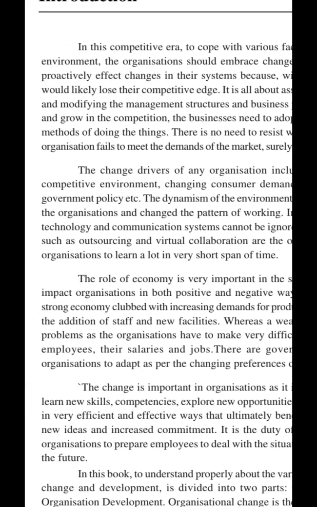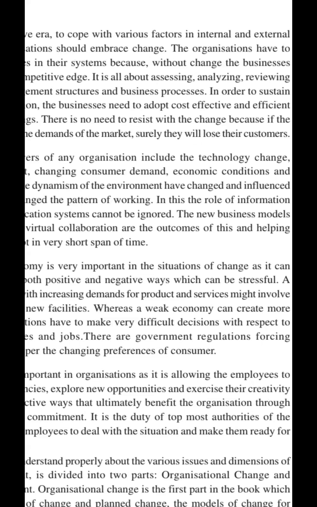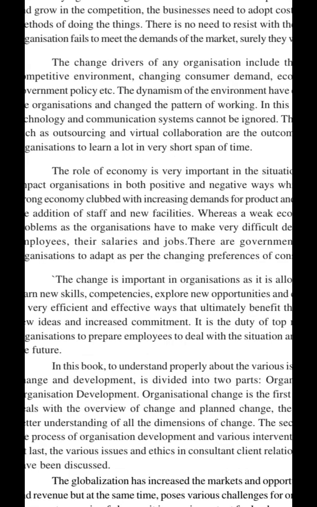The change drivers of any organization include technology changes, competitive environment, changing consumer demand, economic conditions, government policy, etc. The dynamism of the environment has influenced organizations and changed the pattern of working.